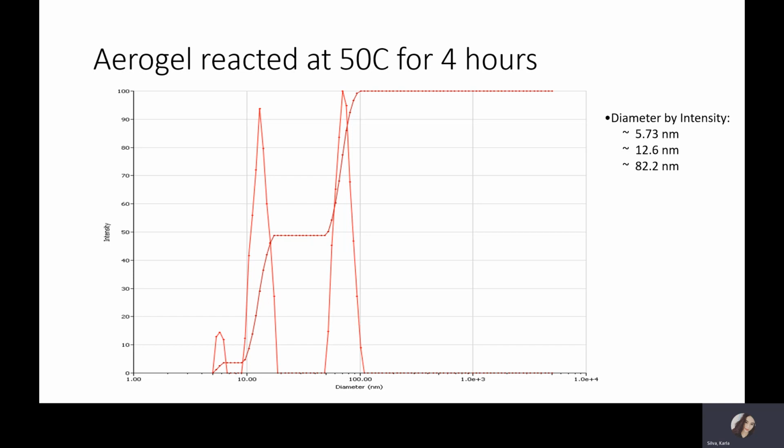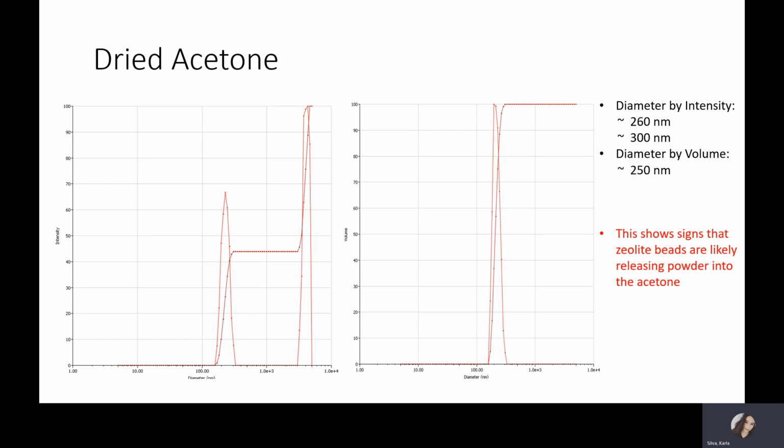So what I did was I ended up using the DLS on every single component individually. So this is what happened. I ran the DLS through the dried acetone because that is typically what we use. We want our acetone to be as dry as possible.